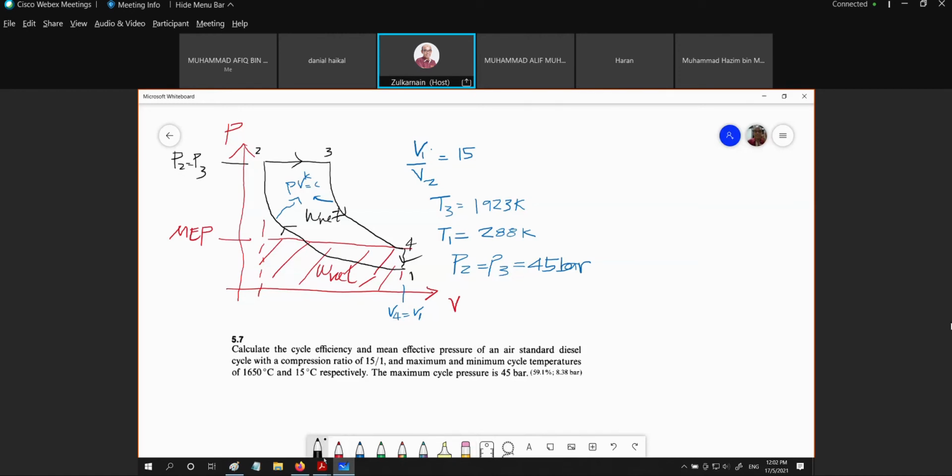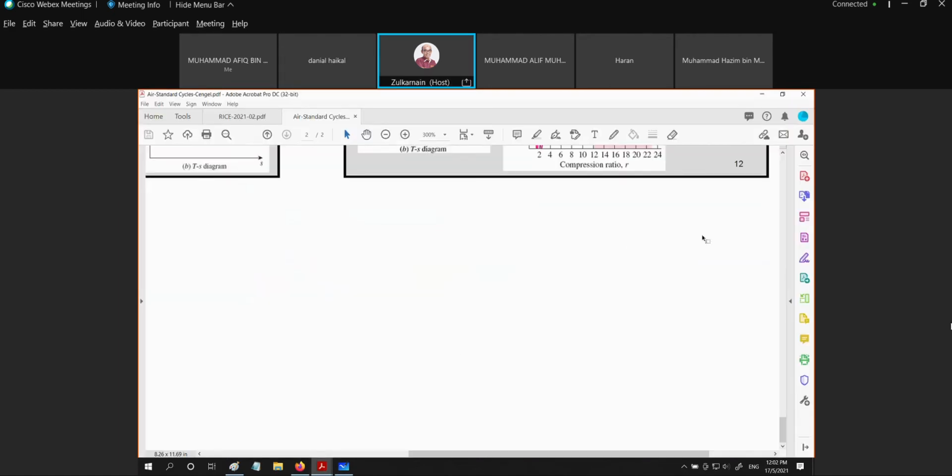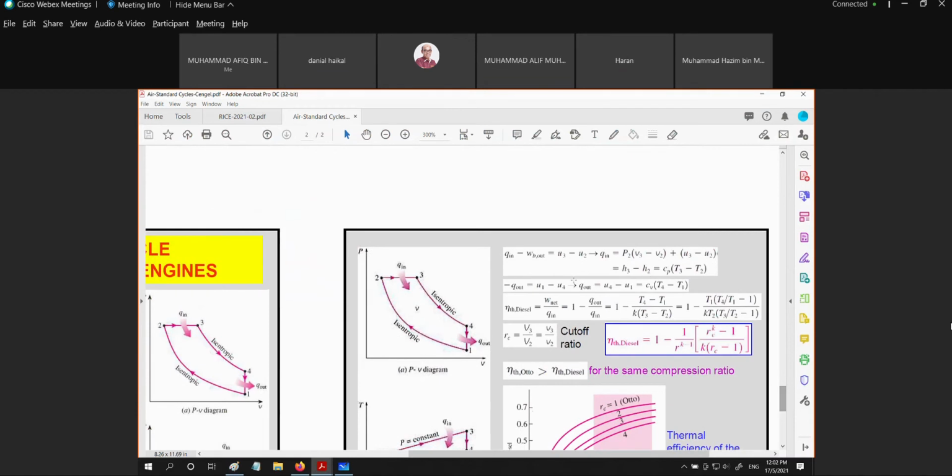So we try to get the cycle efficiency. What is the formula that we have to use? Let us look again at this formula. We need to get what is the RC and what is the R value.